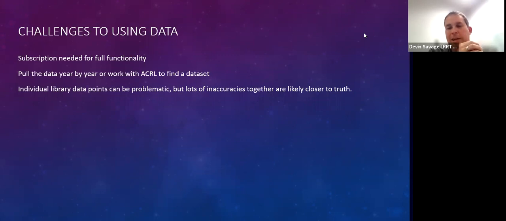You might know that your particular data points are not really accurate, but I think the overall amount of data over time provides us insights into trends. We may not know the exact number of books that were useful to our stakeholders in some way, but some of the things that we gather can help point us to the truth.